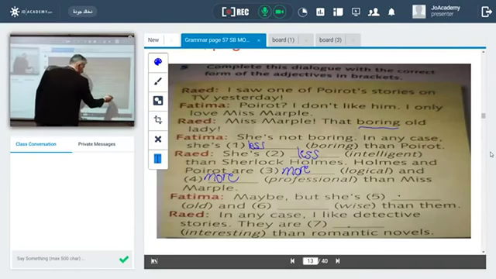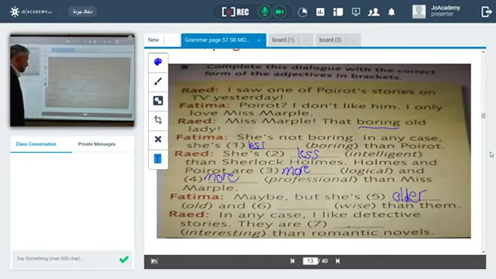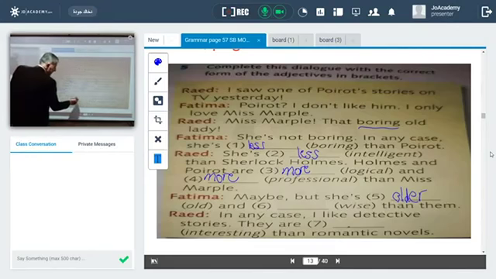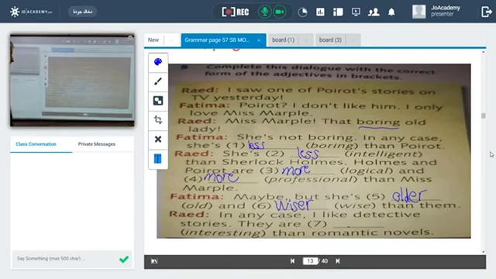Yes, it is older. She is older and wiser. Here we have the adjective wise. It ends with E. I just need to add R to it. Wiser than them, right? In any case, I like detective stories.